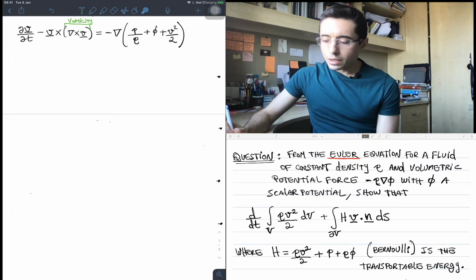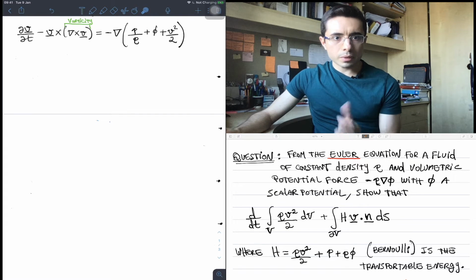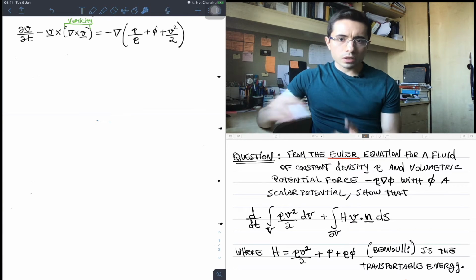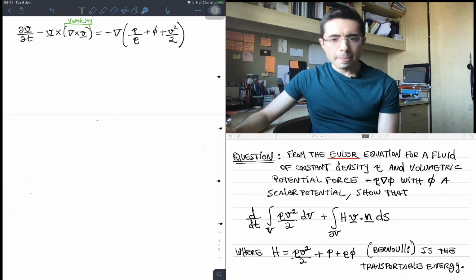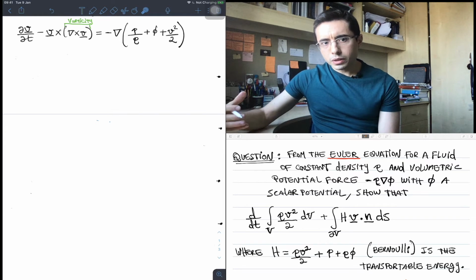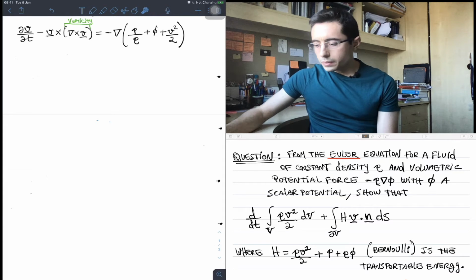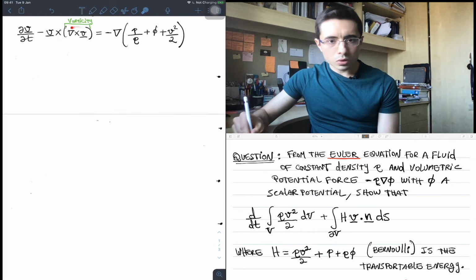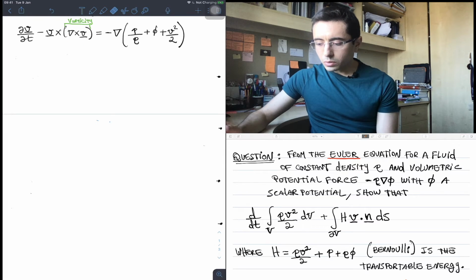Well, we can take the scalar product with v, because this is v cross the curl of v, so that's in an orthogonal direction to v. If we take the scalar product with v, we will end up with something which is orthogonal, so it would be 0, because the two vectors are orthogonal to each other. So that's 0, obviously.